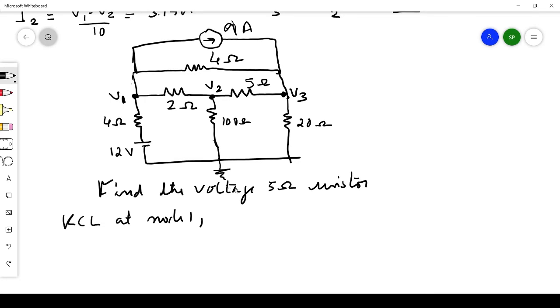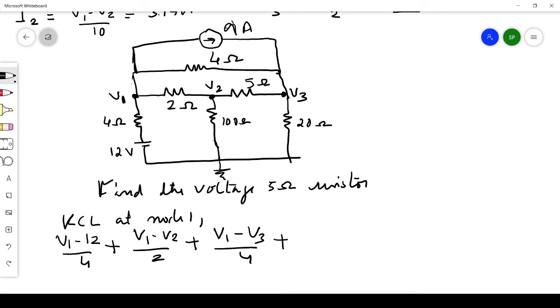The current through this 4 ohm is (V1 minus 12) upon 4, plus the current through 2 ohm, that is (V1 minus V2) upon 2, plus the current through this 4 ohm, (V1 minus V3) upon 4, plus one more branch, that is this 9 ampere.